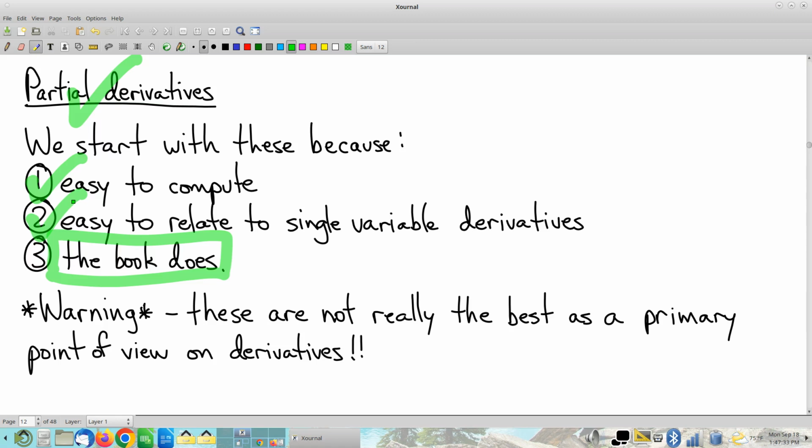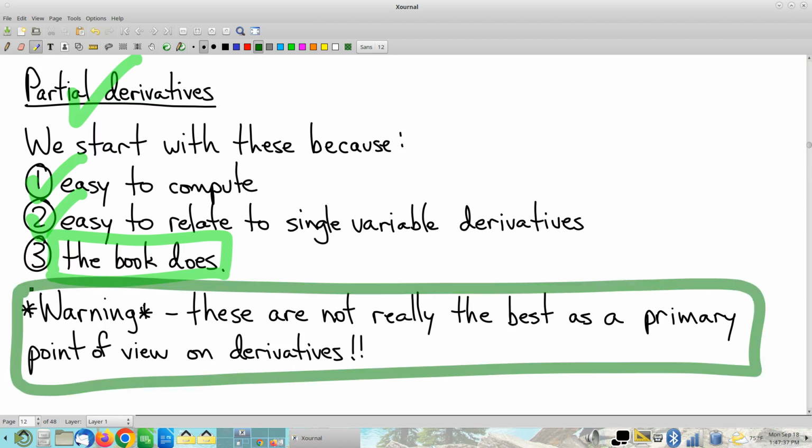there is a significant downside to starting with partial derivatives. It implicitly encourages students to use partial derivatives as their cornerstone, foundational idea of how to think about multivariable derivatives. And I think that's a mistake.